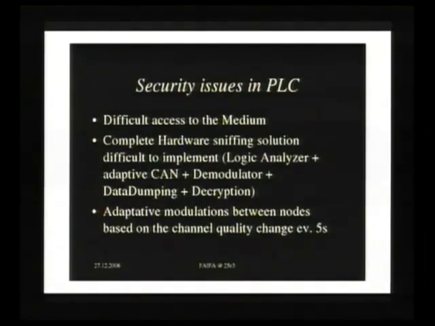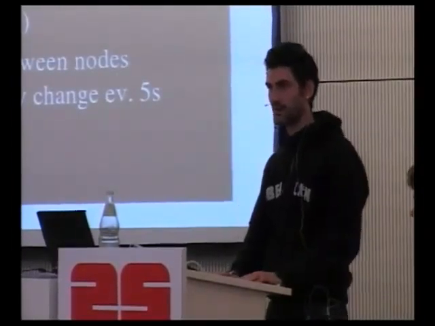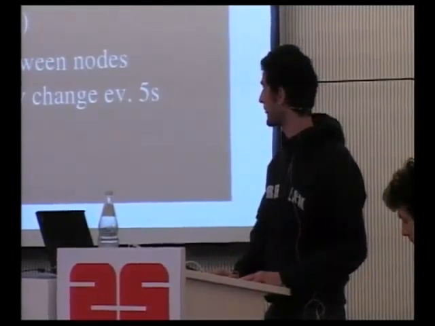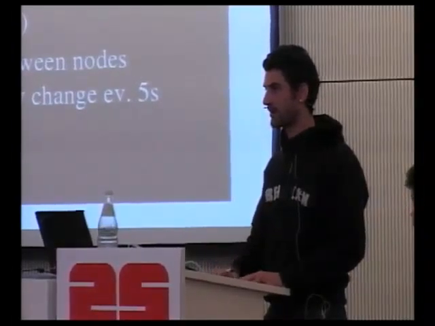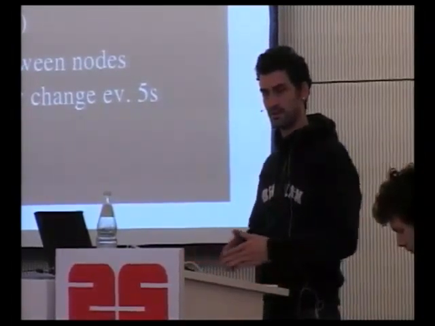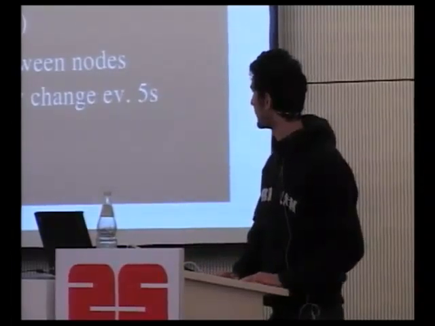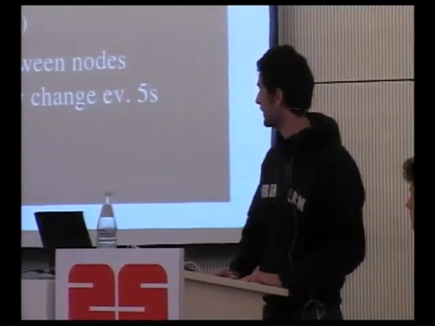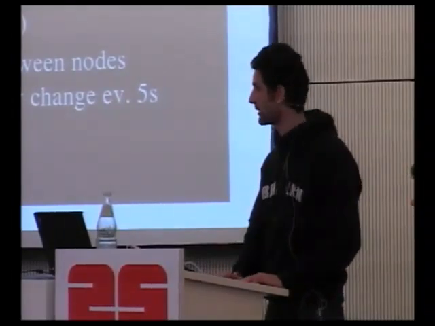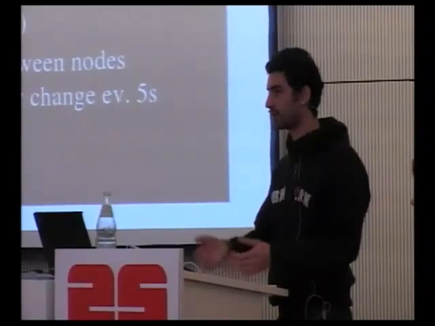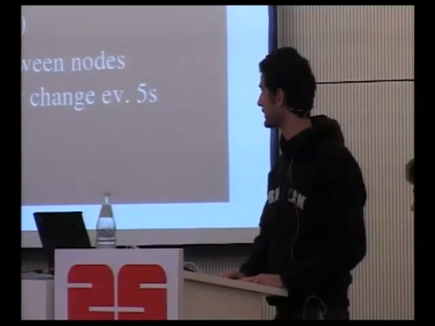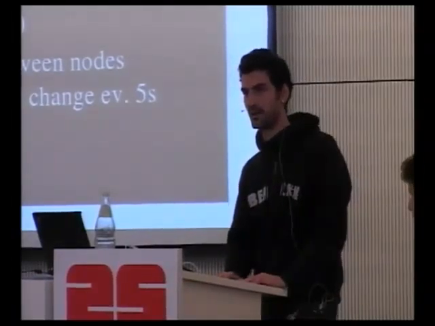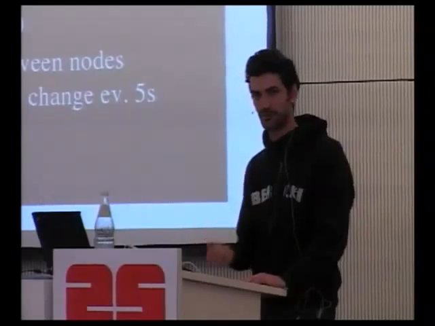If we look at the security issues in power line communications, the first one, compared to Wi-Fi, is the difficult access to the medium. Wi-Fi is radio, so anyone is able to sniff the radio, either in promiscuous mode or active mode. In power line communications, if you want to sniff, you need a complete set of tools, from the logic analyzer to the analog-to-digital converter and demodulator, then you need to dump the data and decrypt it.